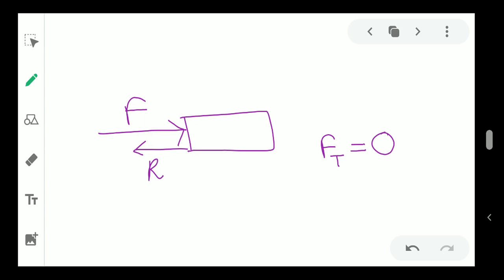That means the object should not move. But in real life we see that when we push something, that object moves. So why are F and R not cancelling each other?